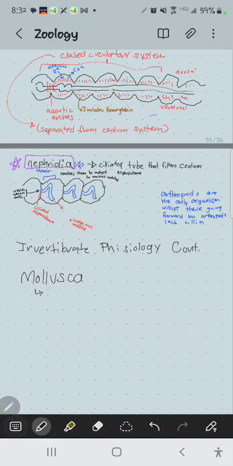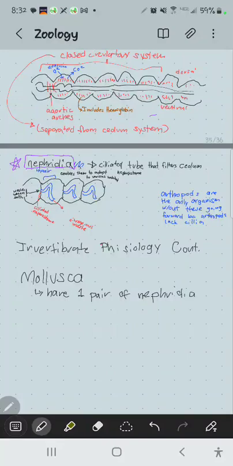For nitrogenous waste disposal, they have a pair of nephridia. They don't have multiple pairs; they basically have one pair for the whole body. And they have a circulatory system of sorts, basically the ability to circulate blood fluid around.